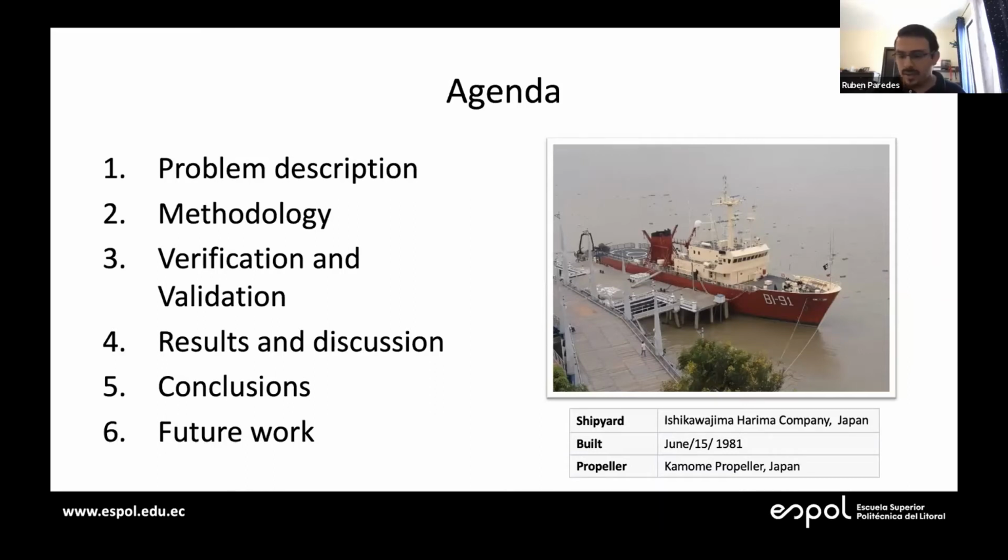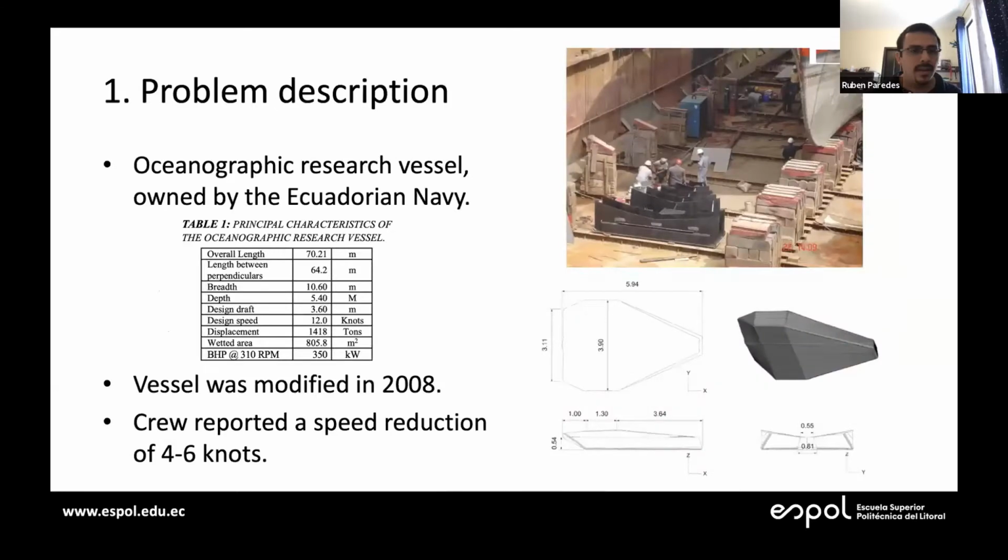So now our Oceanographic Research Institute is using this vessel to do some bathymetry measurements on the Ecuadorian coast and Galapagos area. The vessel is around 70 meters long, has a design speed of 12 knots, and a draft of 3.6 meters.